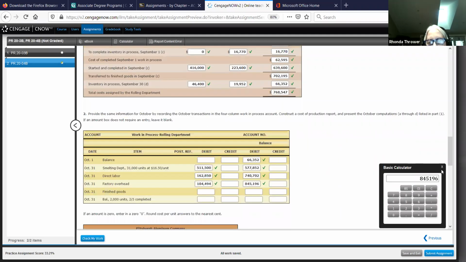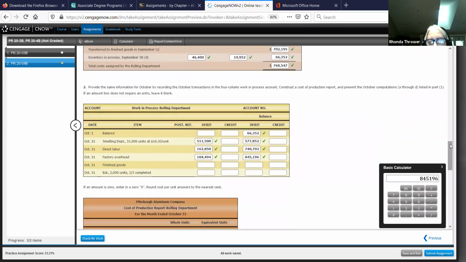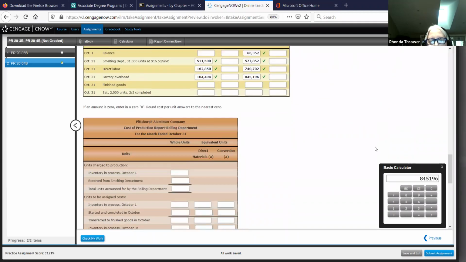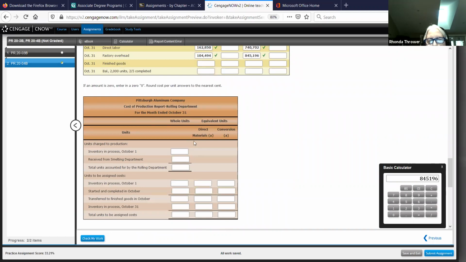And then our finished goods, we don't know what that amount is. And so we have to complete our cost of production report to find the amount that we're going to transfer to finished goods for this month.